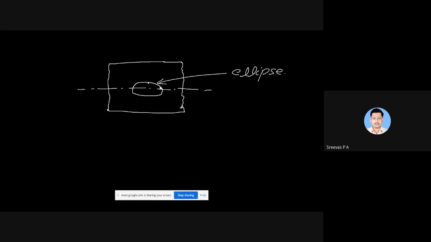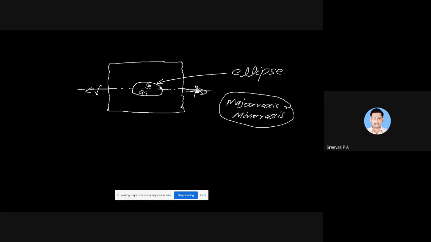What are they called? Major axis and minor axis, you have heard that, right? Yes, sir. Okay. So the length of the major axis you assume as a, and the minor axis as b. So it is acted upon by a load, not in this direction, let it be acted upon in this direction.